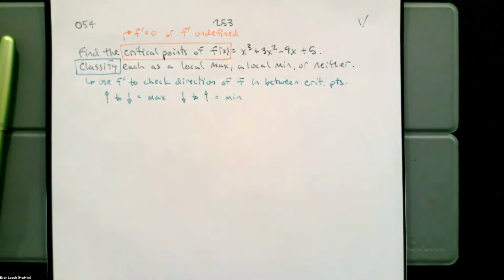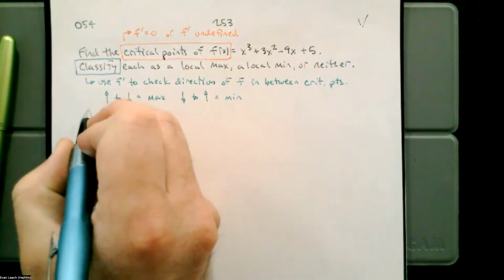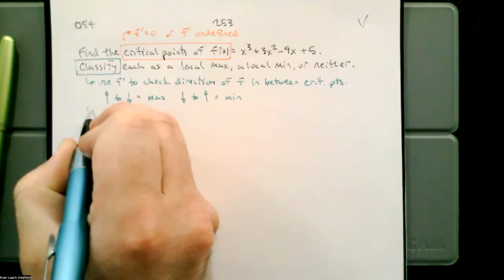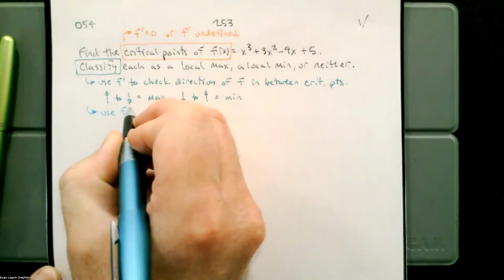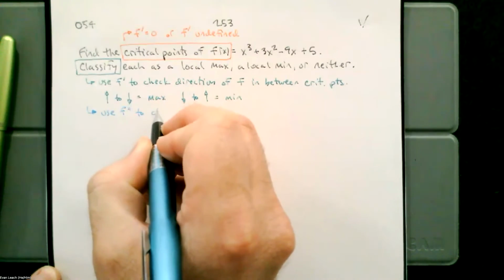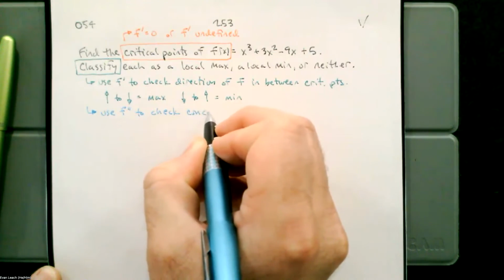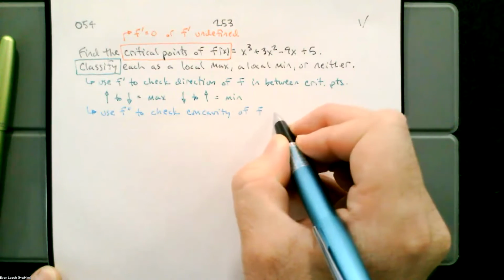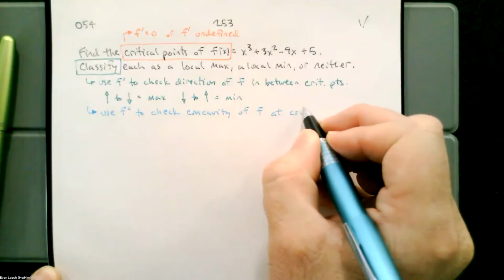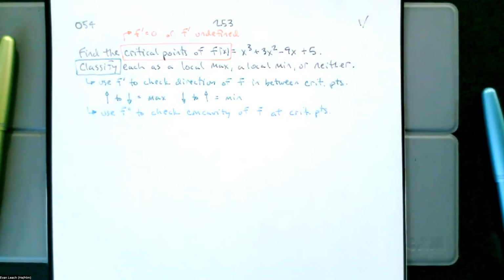Our other option for classifying critical points is to use the second derivative to check concavity. So option 2 is use the second derivative to check the concavity at the critical points.